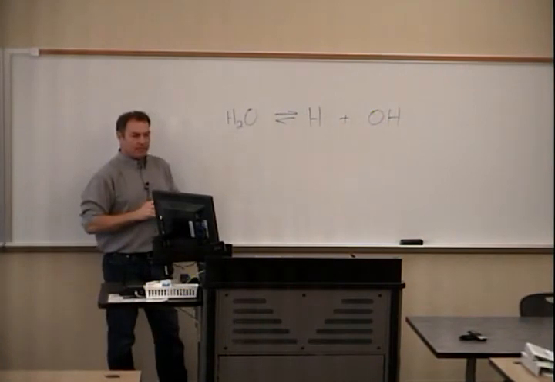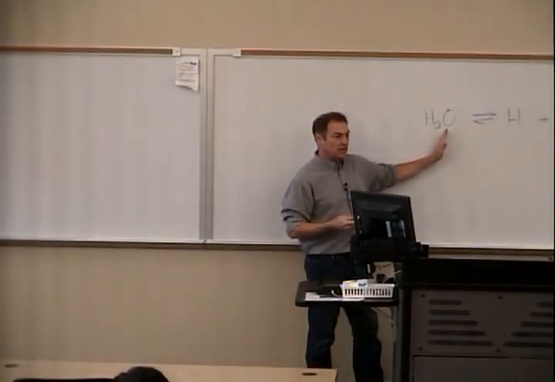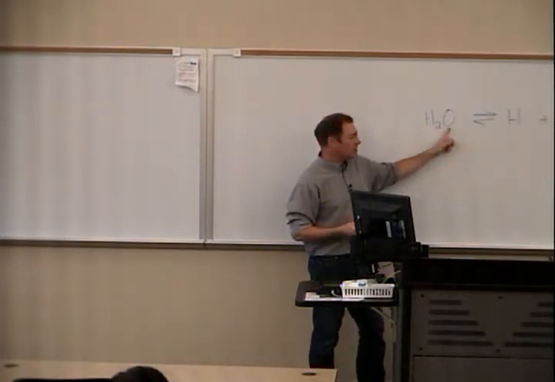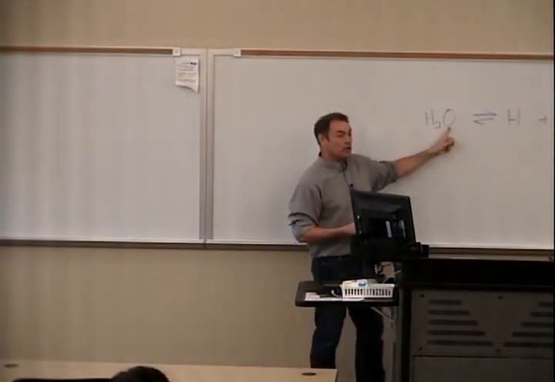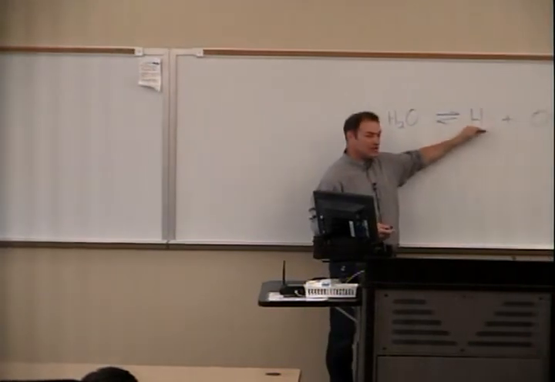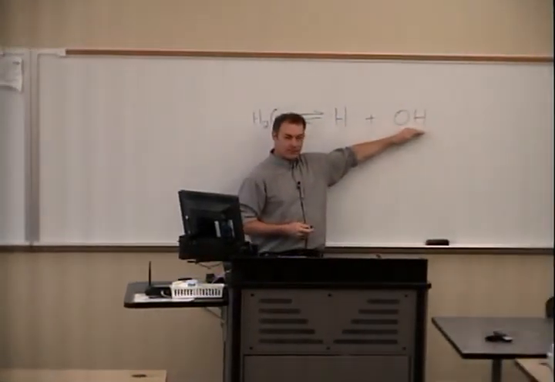Is everyone okay with that? In fact, we can just apply it to our chemical equations. Here we've got a water molecule, 2 hydrogens, 1 oxygen. And if we break the bond between one of these hydrogens and the oxygen, we'll end up with a hydrogen. And then what's left is the OH.